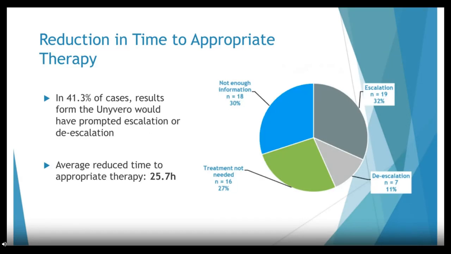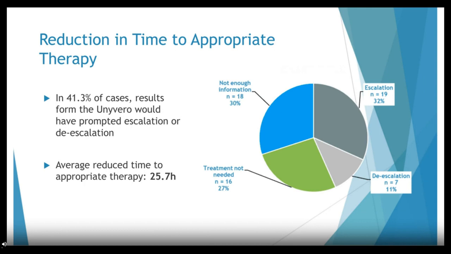And so when we factored in our Univero results here, we saw that we could change the way that some of these therapies would have gone. So about 40% of cases, the results would have prompted either an escalation or a de-escalation of therapy. There, again, were some where the treatment was not needed at all, so we would not factor in that analysis here.